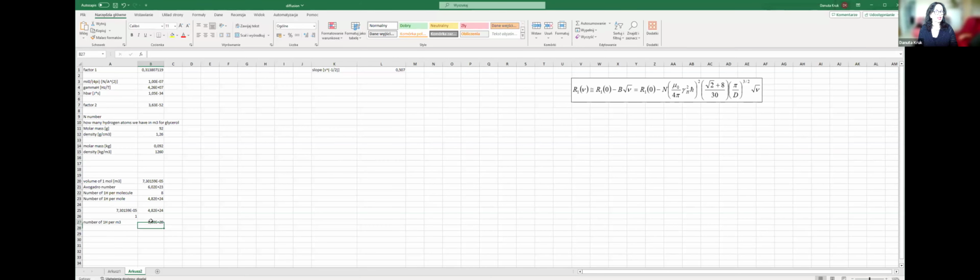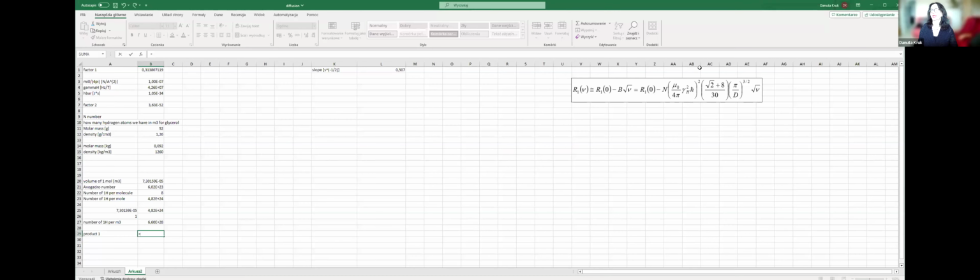So this is the number of hydrogen atoms per cubic meter in glycerol. So let me make it like product 1. And I will calculate.